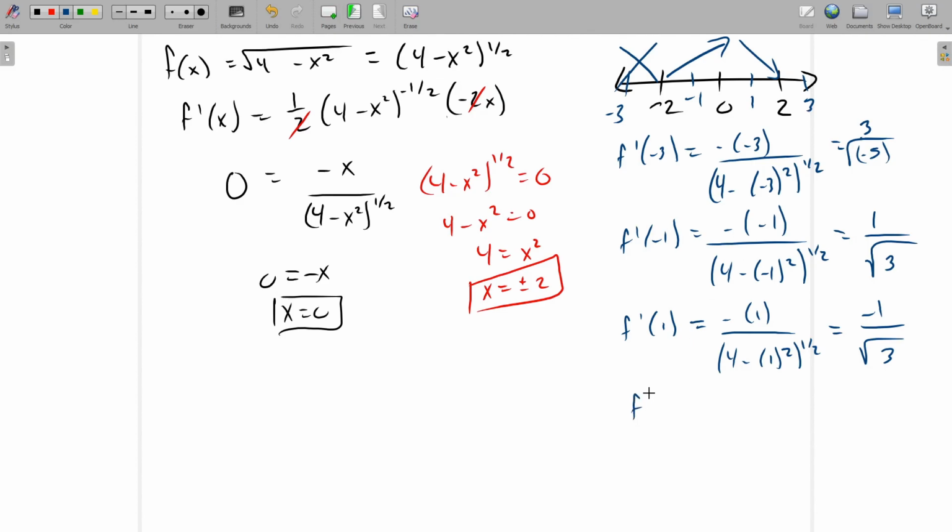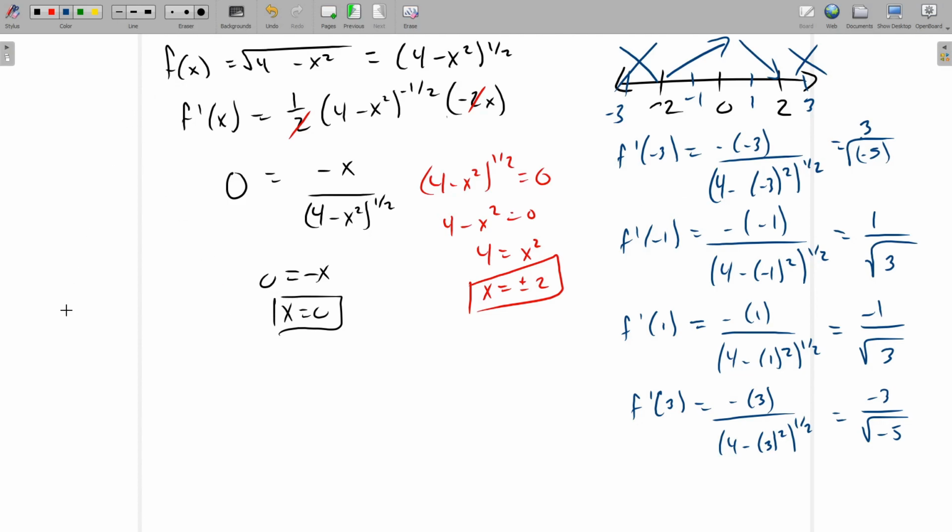And then I can also plug in 3. However, when we plug in 3, we're going to see something similar happen, where in the denominator we have the square root of -5, which tells us that everything past +2 is not in our domain.